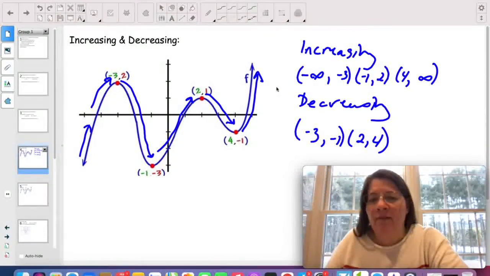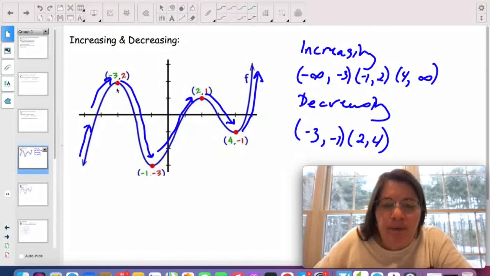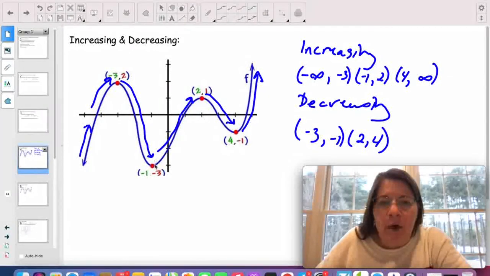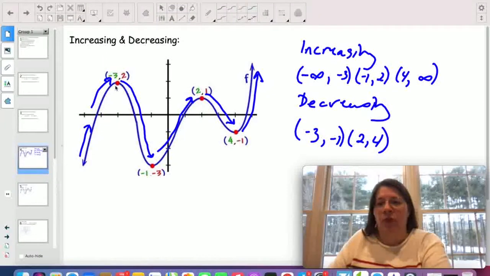And these again are x values. We're using parentheses because it does not include any of those numbers. It's not increasing at -3 or at -1 or at 4. It changes from increasing to decreasing at those spots. It's neither increasing or decreasing. It's actually at a zero slope there.